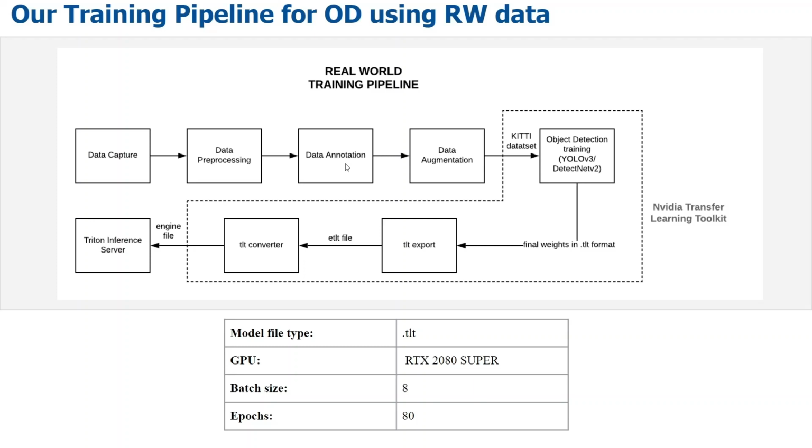With our aggregated data, we proceed to the annotation step, where we label objects of interest that the model will be trained to detect. After annotating the data, we do additional post-processing, such as brightness randomization, on the annotated dataset. The next step in the pipeline is to begin the model training process, which we do using NVIDIA's Transfer Learning Toolkit. Once the model is trained, the final step is to export the model for deployment and use.